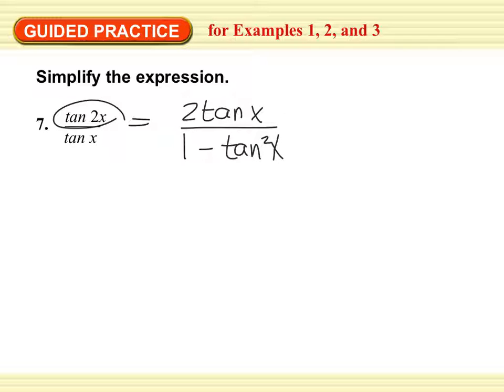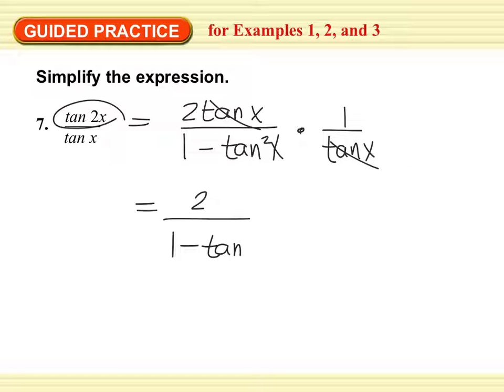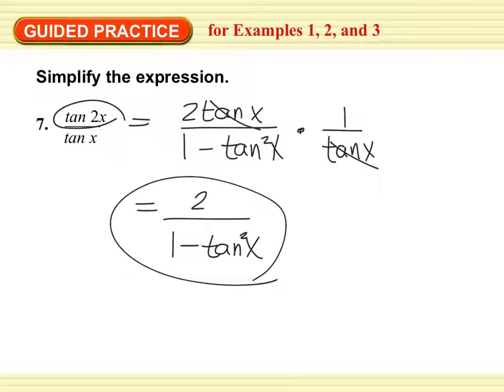So that's this part. And the denominator, we're just going to keep that there and say that's times 1 over tan x. So these cancel out, and I'm left with 2 over 1 minus tan squared x. I'm not sure why that's simplified, but I messed with it.